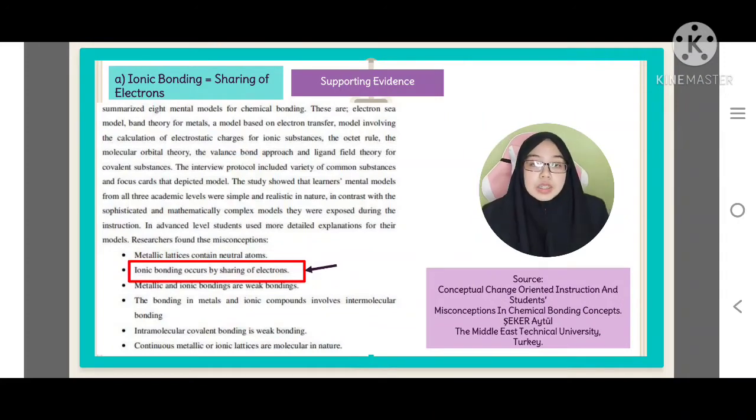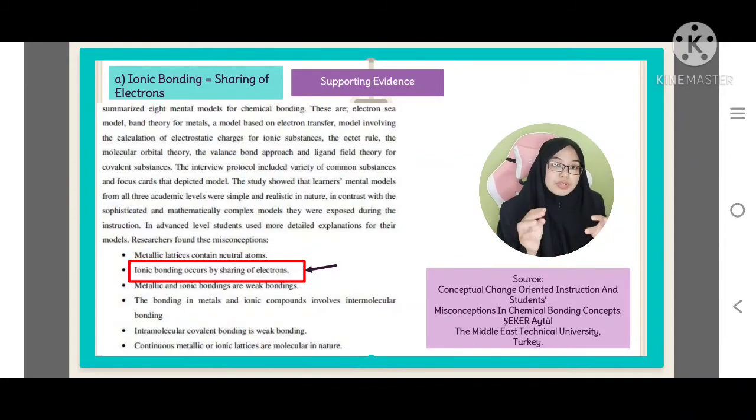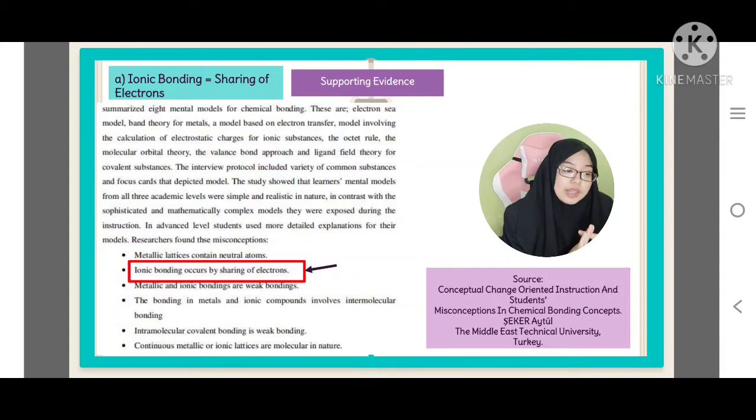Okay, so basically ionic bonding, the full meaning is a chemical bond which forms from the transferring of electrons from the metal atom to the non-metal atom.